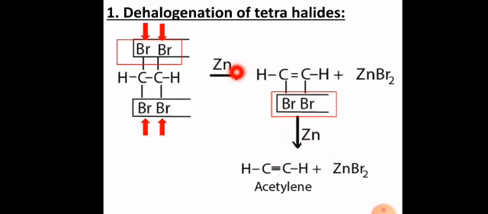So zinc is used as a catalyst. It helps to remove halides from the alkyl chain, but halides should be removed from adjacent carbon atoms. The first removal gives you an alkene; in the second step, you will get an alkyne. Is that clear? So you have to do these reactions in two steps.